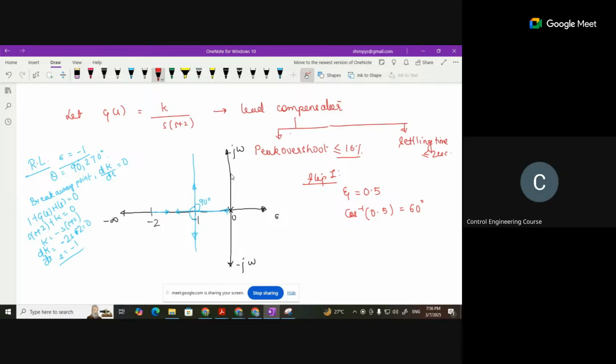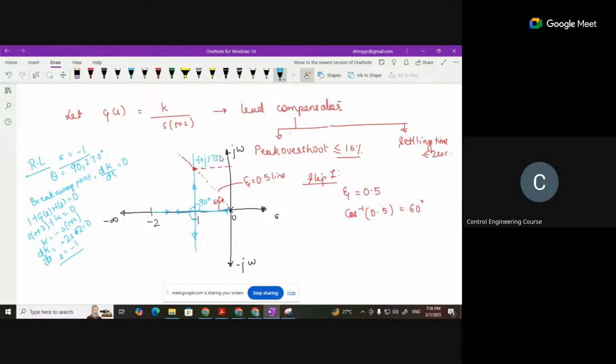So can I draw it here? Like this. So this is the zeta equals 0.5 line, and it is making an angle of 60 degree with the negative real axis, and it is cutting my root locus at what point? -1 plus j 1.732.